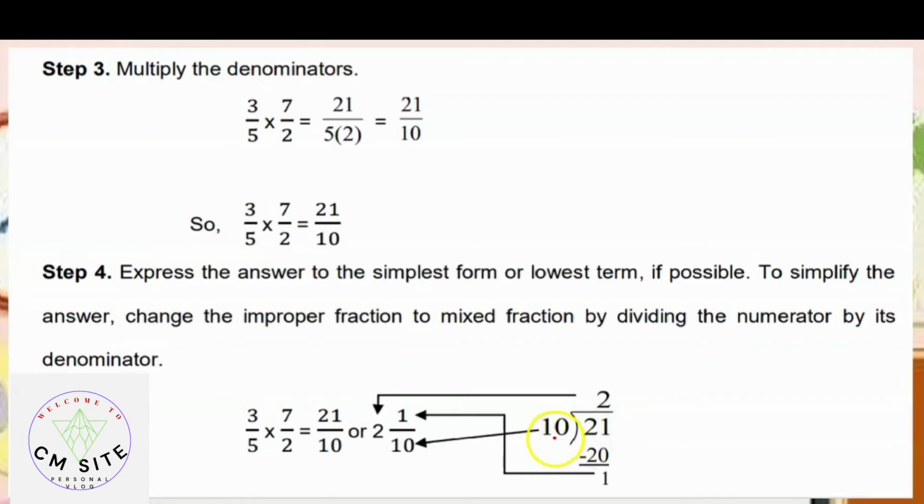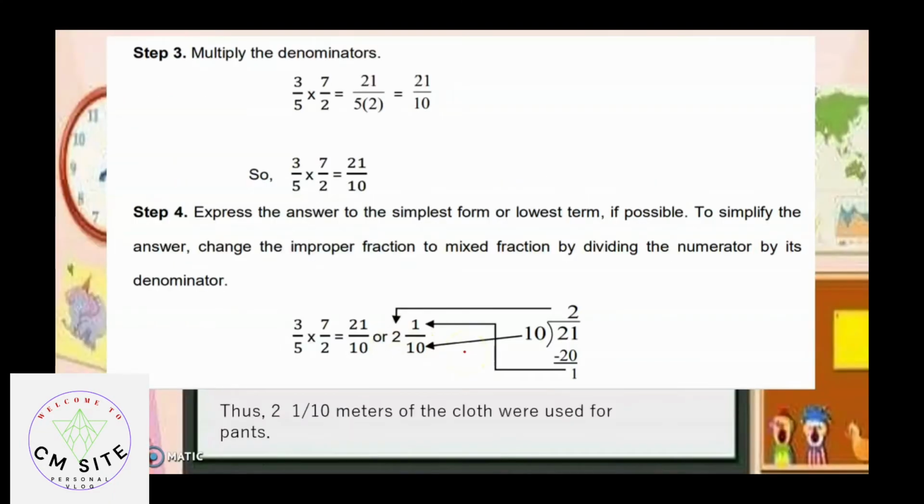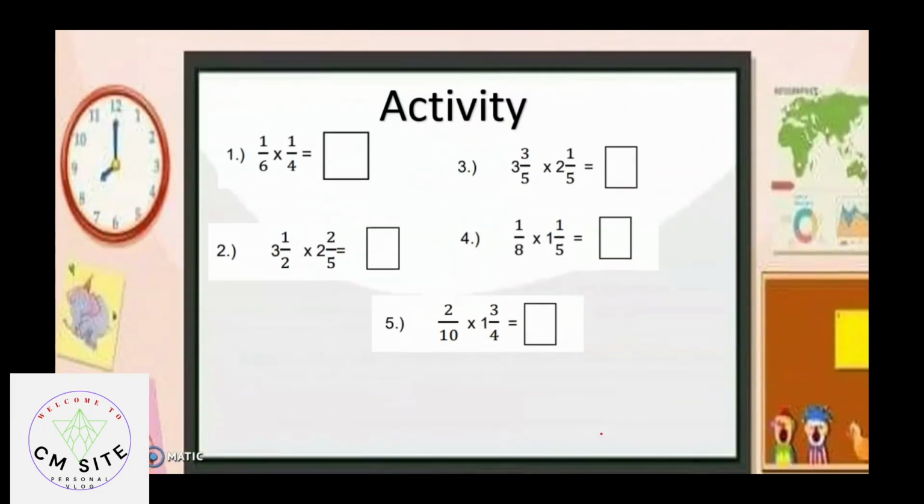So, 21 divided by 10 is 2 and 2 times 10 is 20. 21 minus 20 is 1. So, the answer is 2 and 1 over 10. Thus, 2 and 1 over 10 meters of the cloth were used for pants.